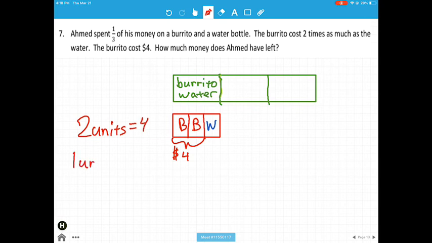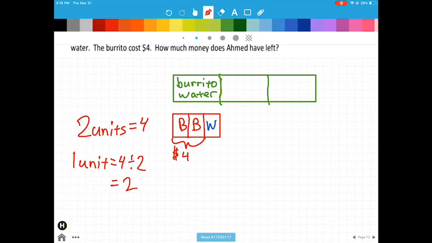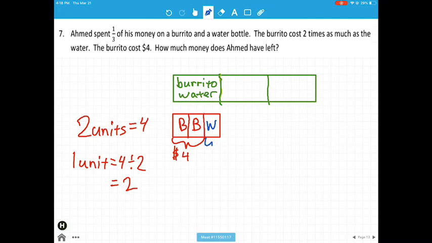So 1 unit is equal to 4 divided by 2, which is equal to 2. So we can say that the water is $2. So this part right here is $6.